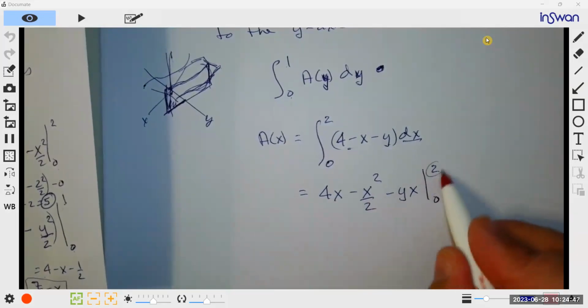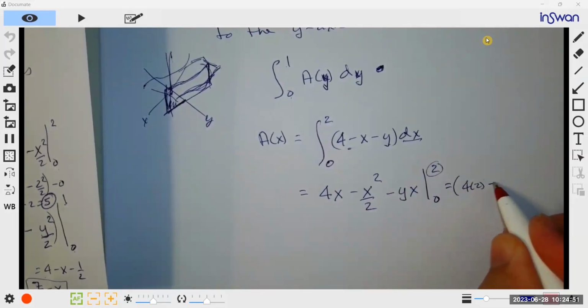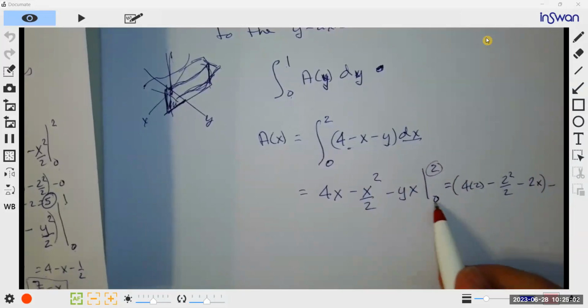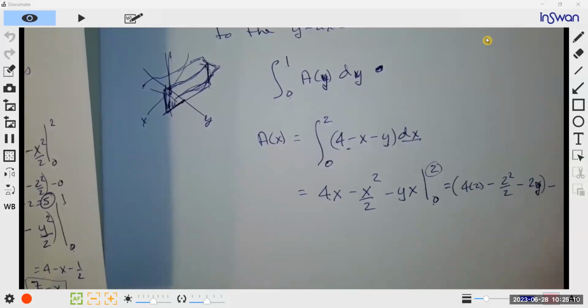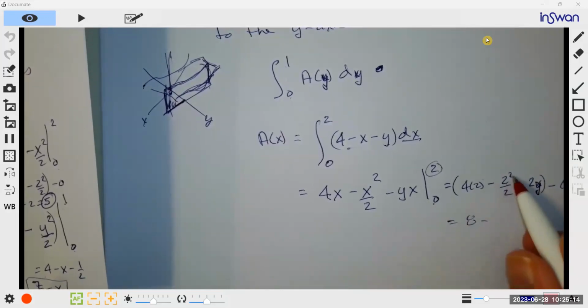So we first take it at 2: 4 times 2 minus 2 squared over 2, minus 2 times y. Then at 0, they're all 0. So we get 8 minus 4 divided by 2, which is 2, minus 2y.